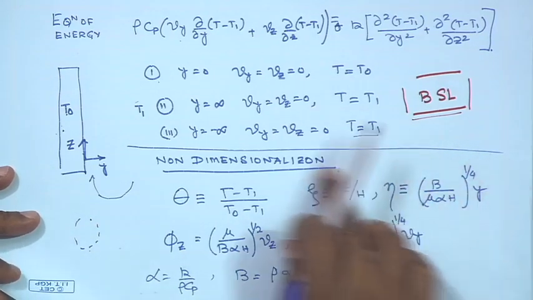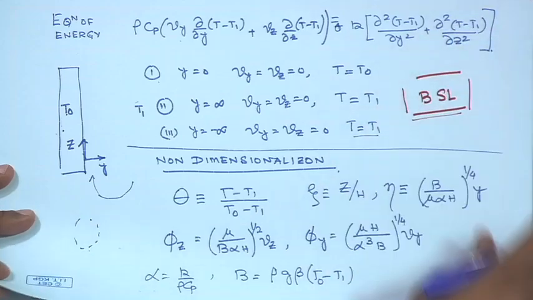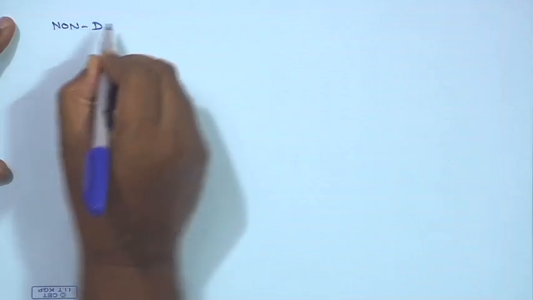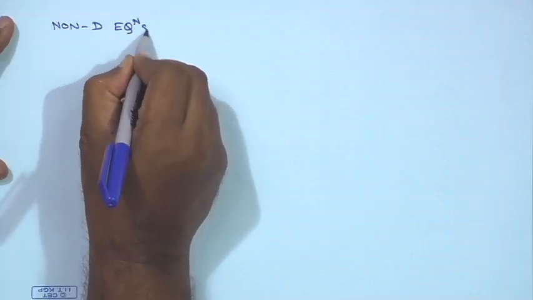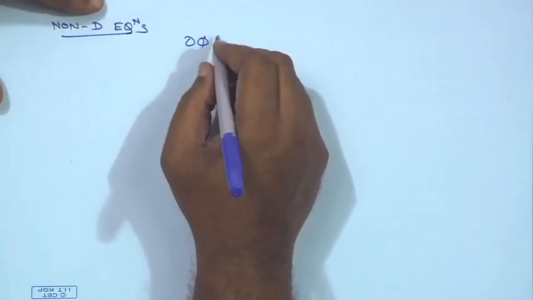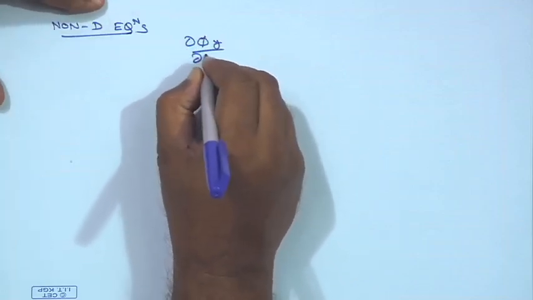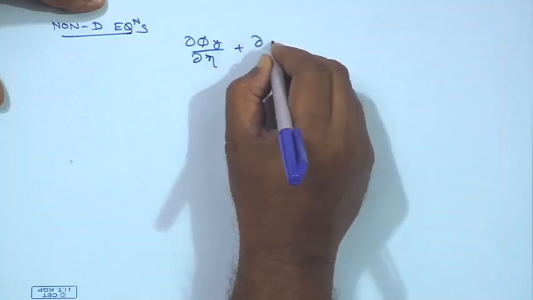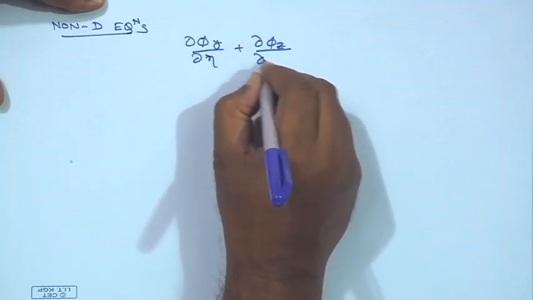When you put these non-dimensionalization parameters into the governing equations, what you get are the non-dimensional equations. The equation of continuity becomes del phi y by del eta plus del phi z by del zeta.